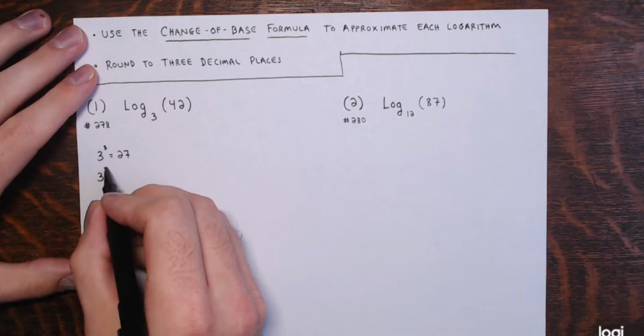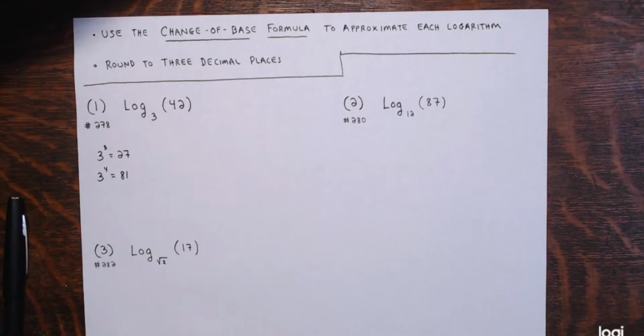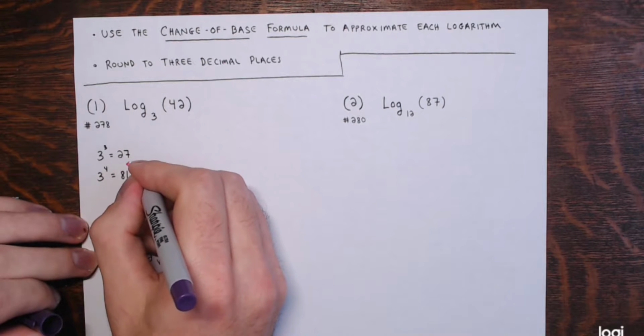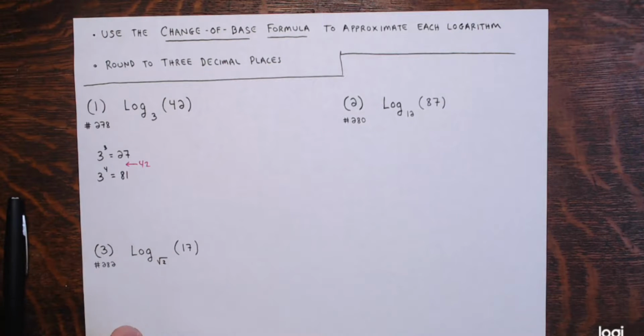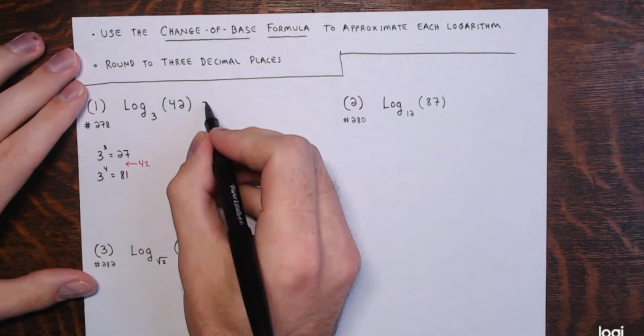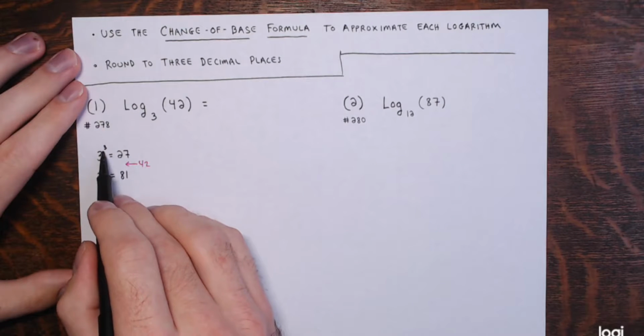And 3 to the fourth power is 81. Right? And 42 is in between those. Right? 42 is in between 27 and 81. So I know from this that the log base 3 of 42 is going to be between 3 and 4.